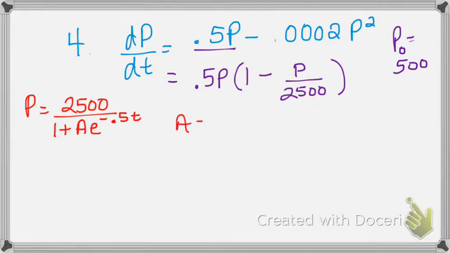And I know that A is the limit minus P0 over P0. That is 4.